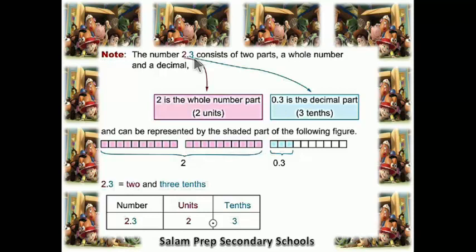This is the decimal part, so we will need to color 3 squares like this, okay? 3 tenths means we will color only 3 squares from 10 squares. 2.3 equals 2 and 3 tenths. 2 in units, 3 in tenths. This is the decimal point, okay?